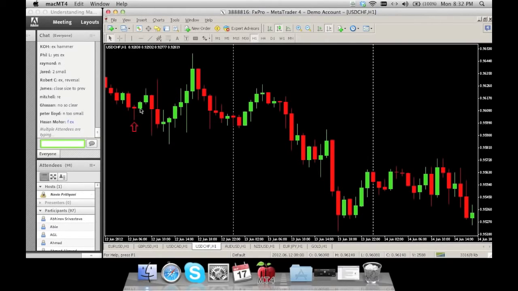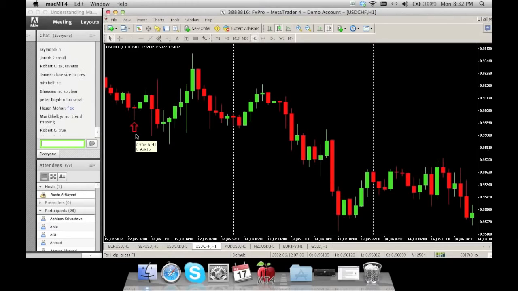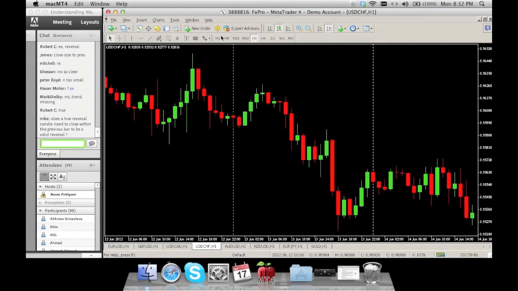Remember, just because the next candle went north does not make this valid. Okay, now, going to the next question. Is this a trend continuation pattern? No. Previous candle was too big. Good, very good.